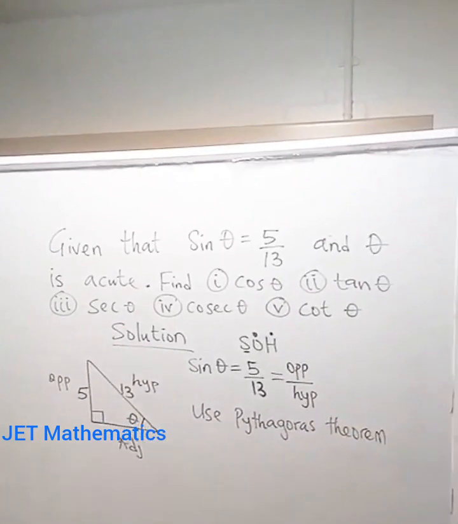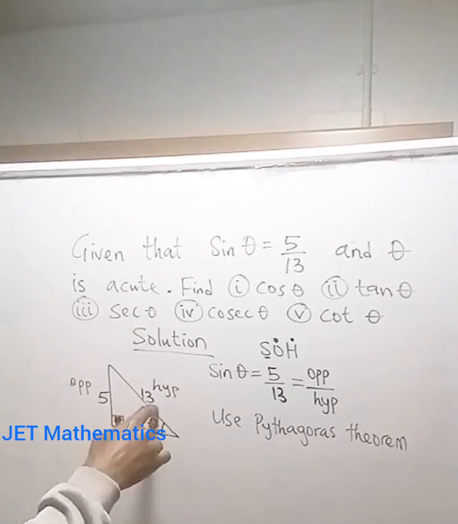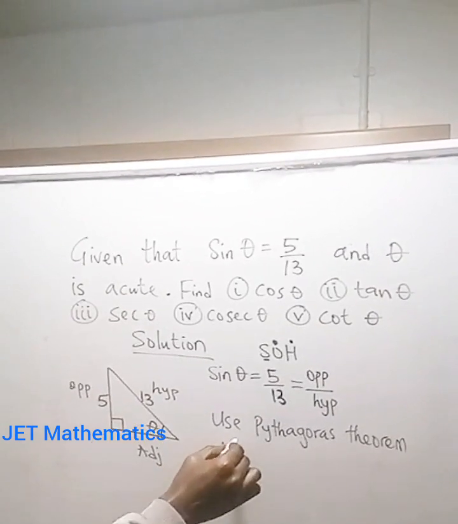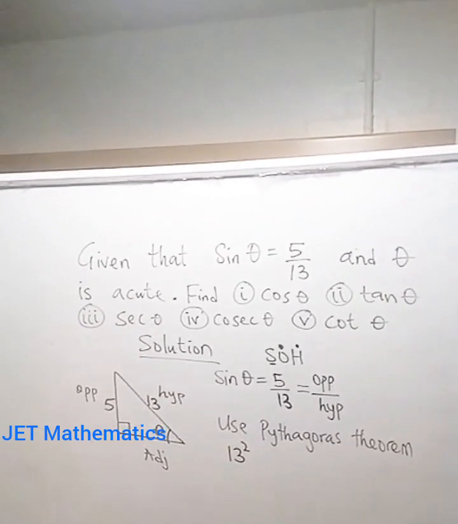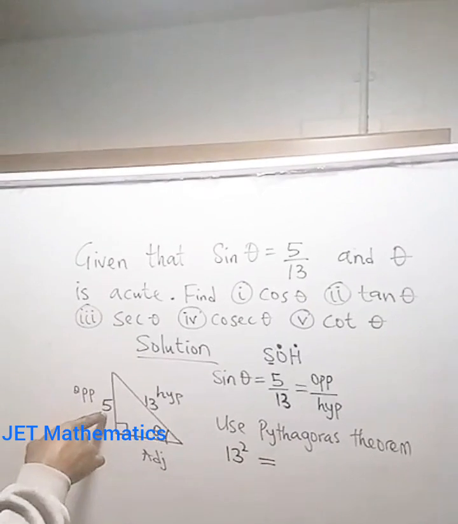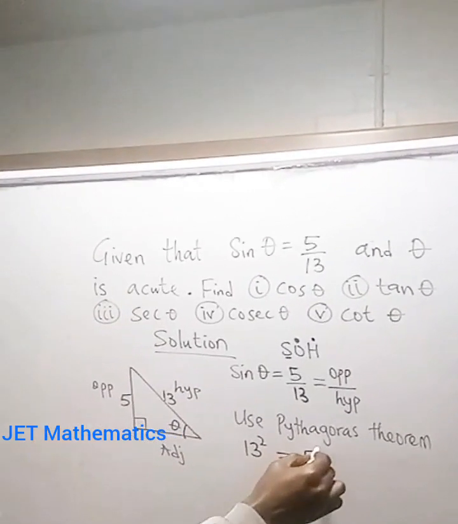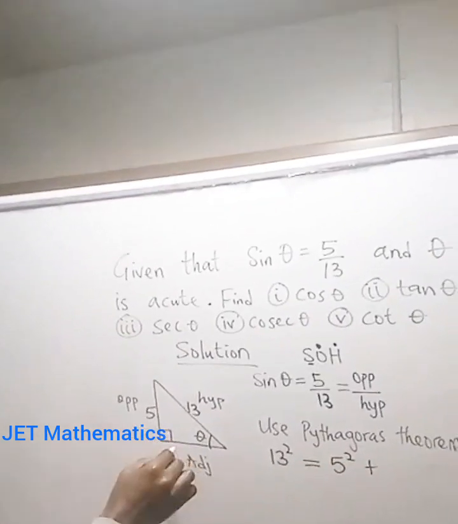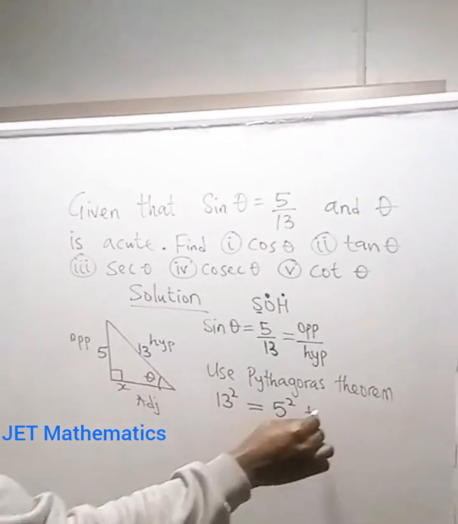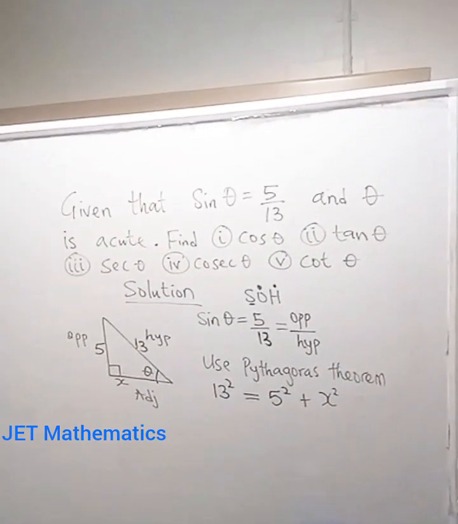So from Pythagoras theorem, we know that this is the hypotenuse. The hypotenuse squared is equal to the opposite squared plus, let's call here x, the adjacent squared. Okay?